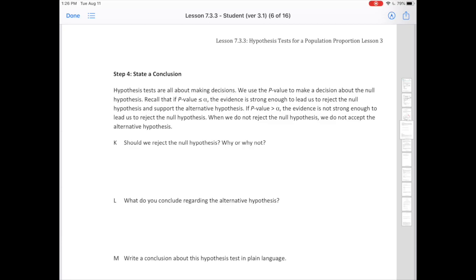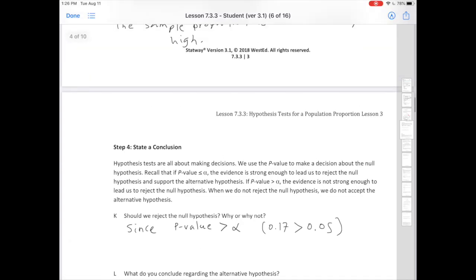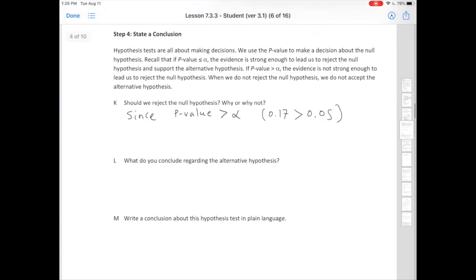So should we reject the null hypothesis? The answer is no. So why? Since the p-value is bigger than alpha, because 0.17 is bigger than 0.05. Let me make sure I'm quoting these numbers right. Yeah.